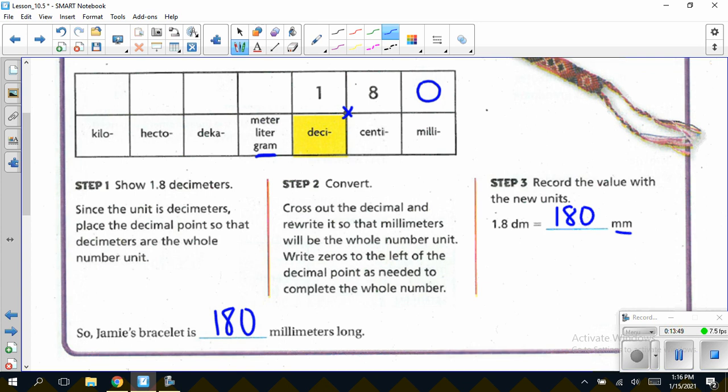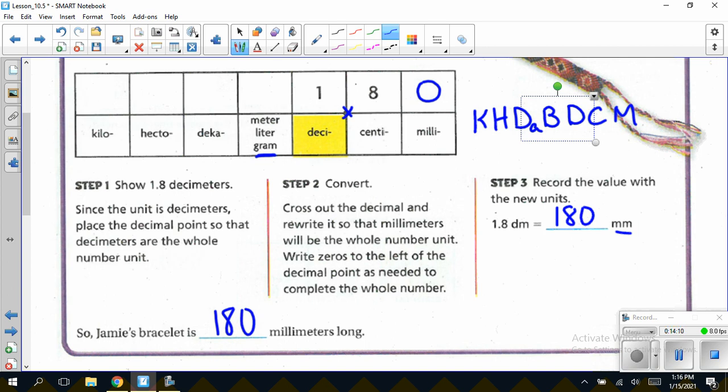So what I suggest you do is, I would suggest you write the first letter of each prefix down. So I have my K, H, D, A, B, D, C, M. And again, King Henry died by drinking chocolate milk.